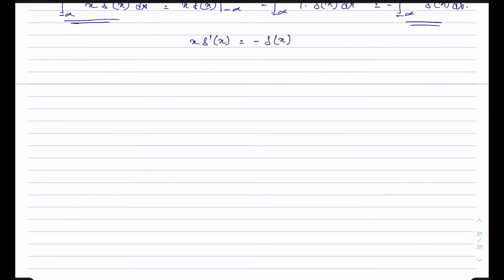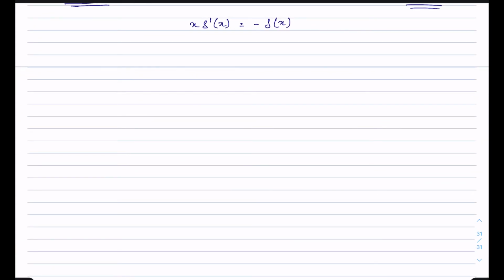Now the last and most important one: the Dirac delta function of a function.